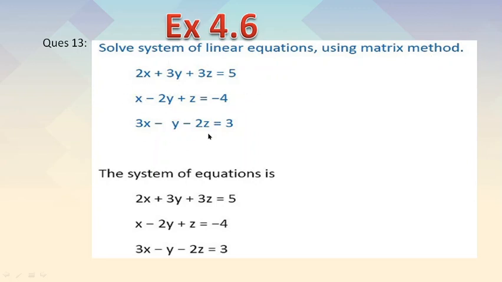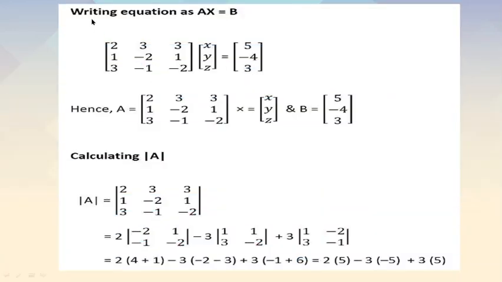This system is given. So the system of equations is this. Whenever we have more than one linear equation, we call it a system. First of all, what we have to do, that's what we learned in the last video: we have to write the given system as AX equal to B, where A represents the matrix of all coefficients of all the variables given in the system.